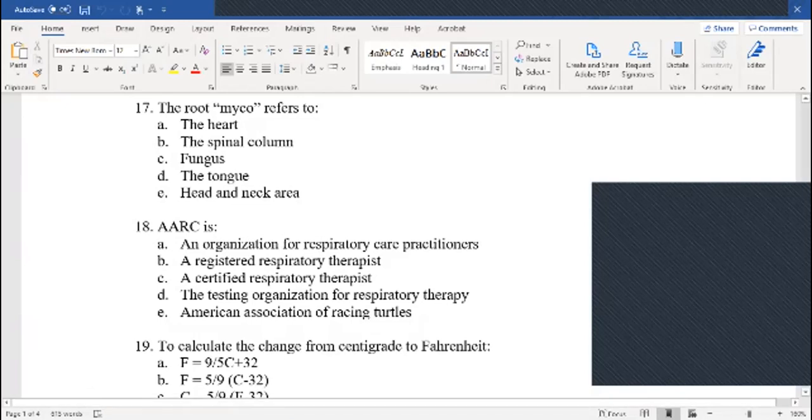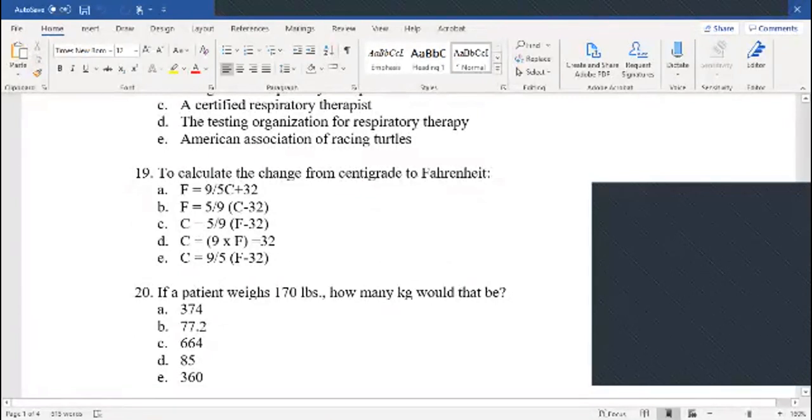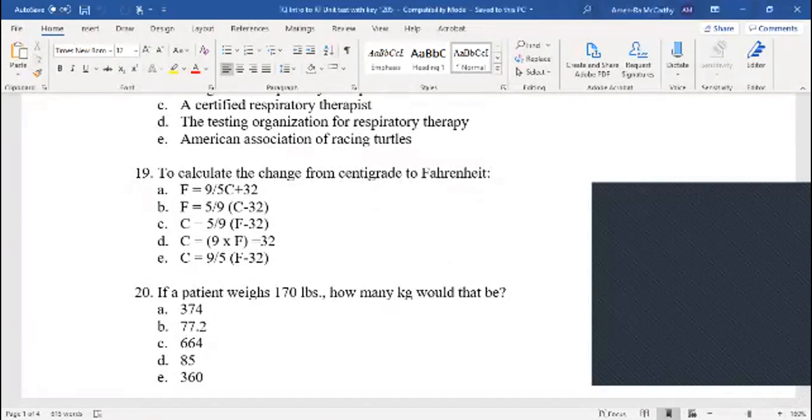All right. Sydney and Stephanie, 19 and 20. Little math. So Sydney, I want you to calculate the change from centigrade to Fahrenheit. So that means Fahrenheit equals what? Which one of those is correct? That question is asking what is the formula for Fahrenheit?